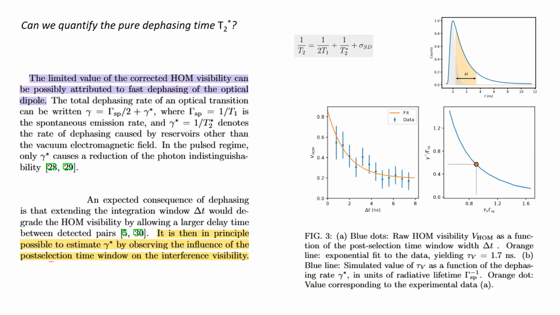If the spectral diffusion is faster than the lifetime, you're going to get something like this. If it's much slower than the lifetime and much slower than your delay time, then it is not going to be in the false regime. You're not going to see it. So it really depends on the rate of spectral diffusion.